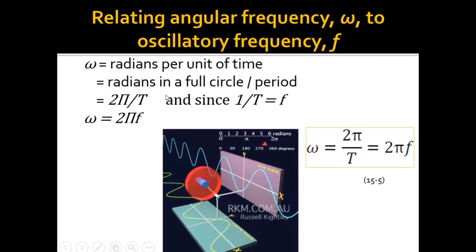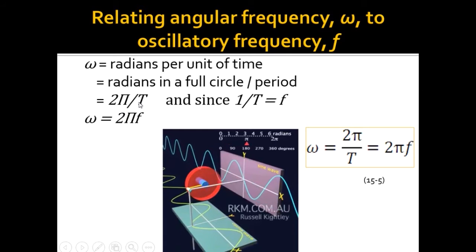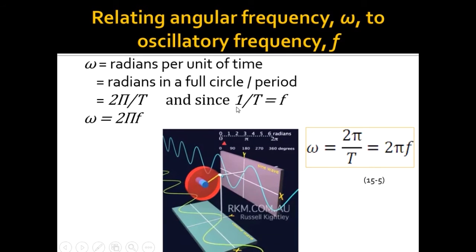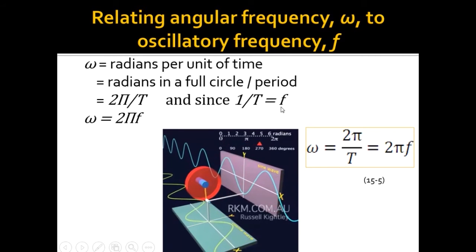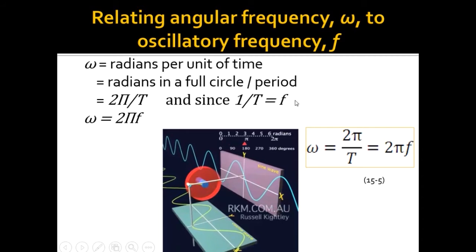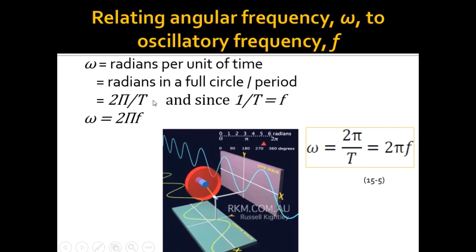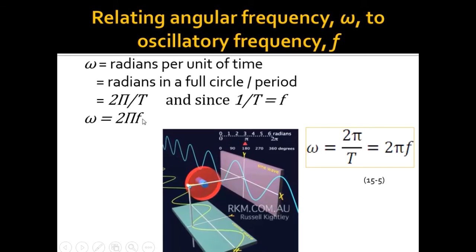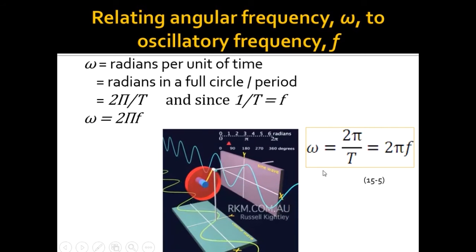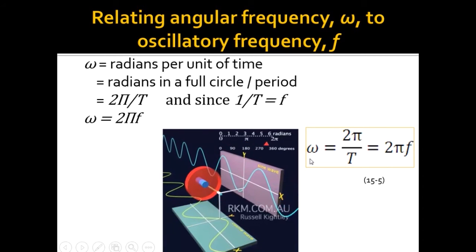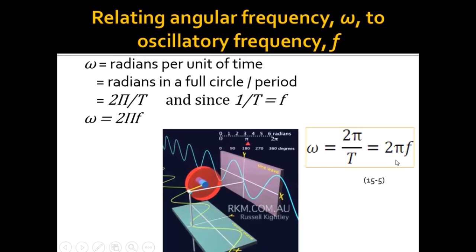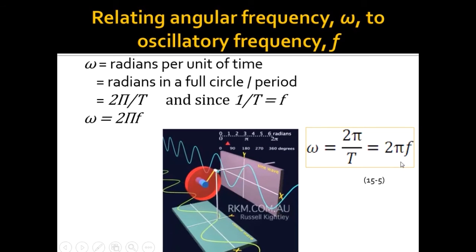So radians per unit of time is 2 pi radians per period. And since 1 over the period is the frequency, remember that frequency and period are reciprocals of one another, I can replace 1 over T with f, and I see that my angular frequency of an oscillation is equal to 2 pi times the frequency.